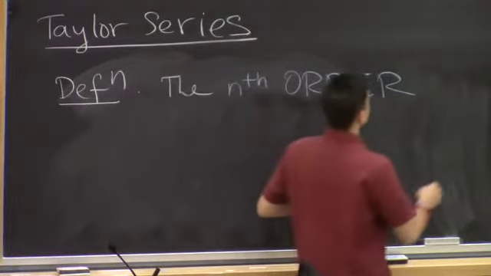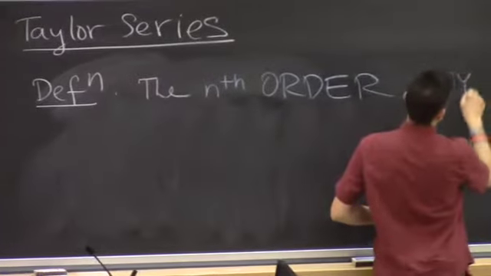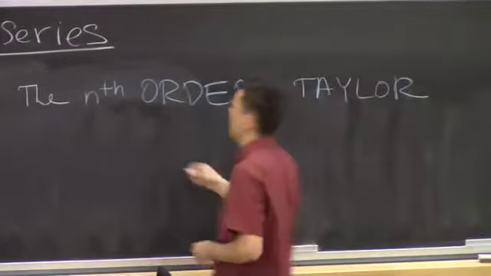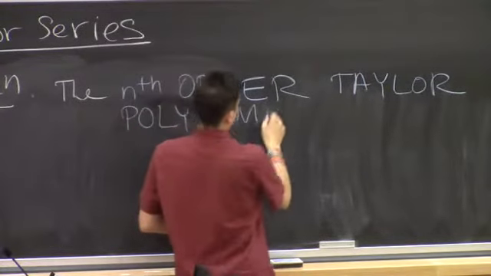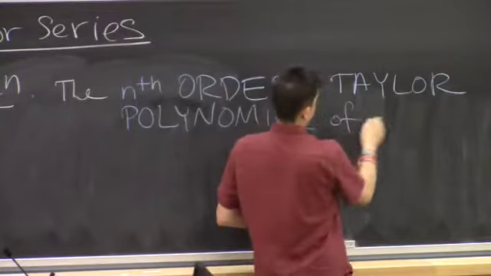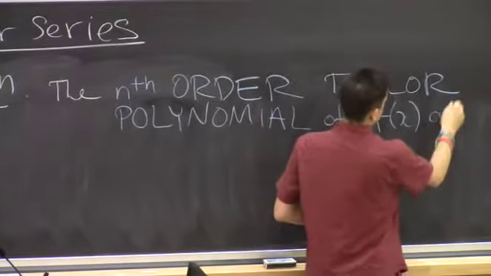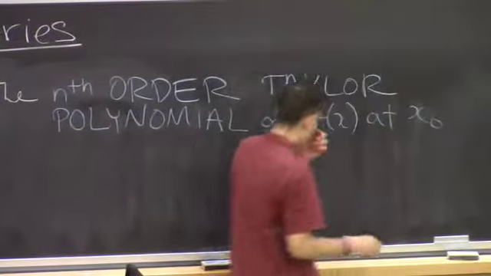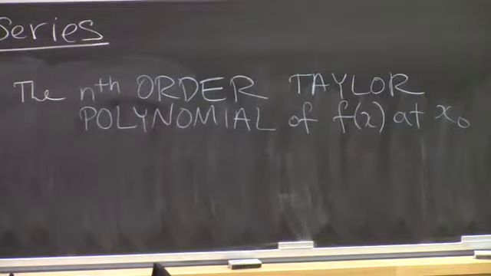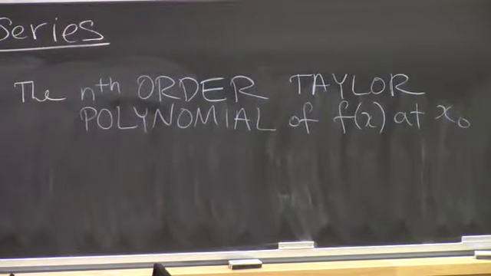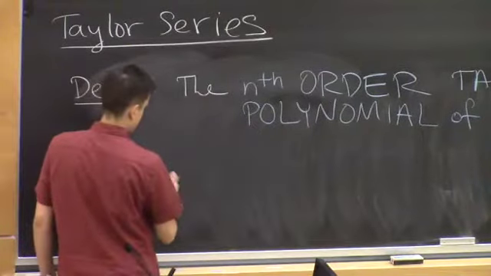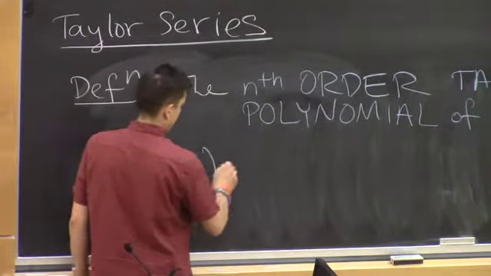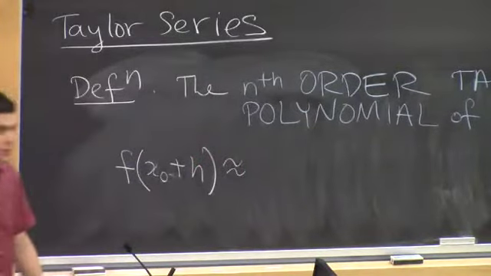The nth order Taylor polynomial of f of x at x0 is the following approximation.